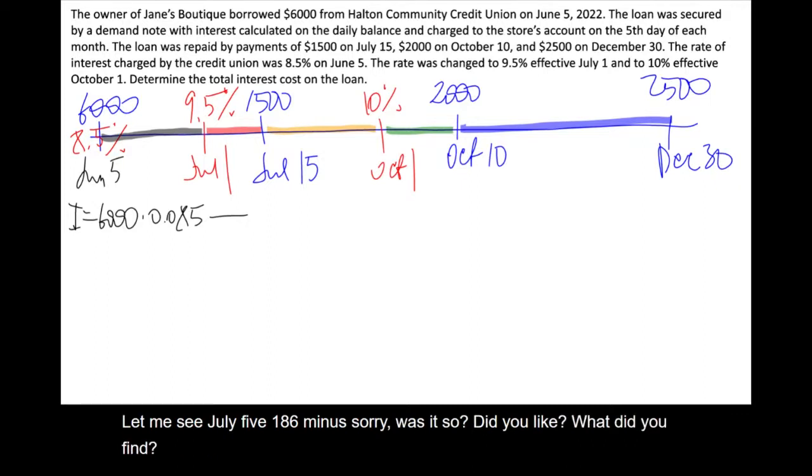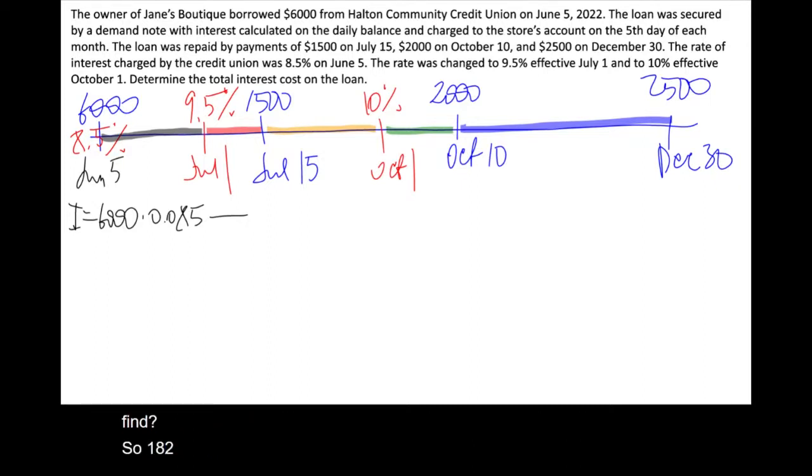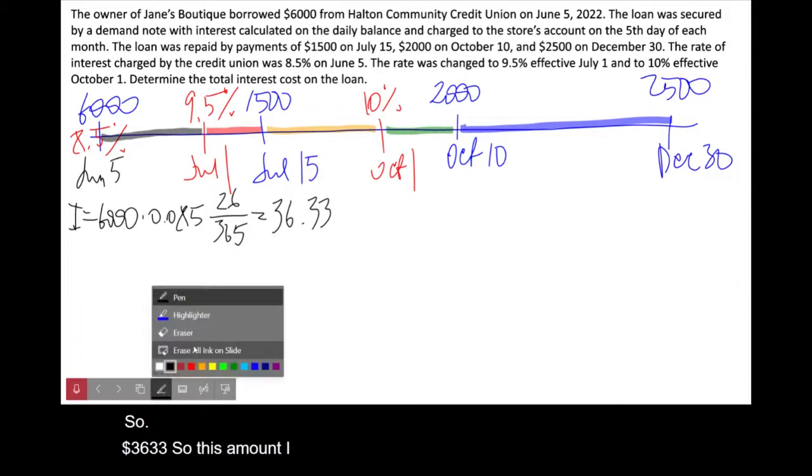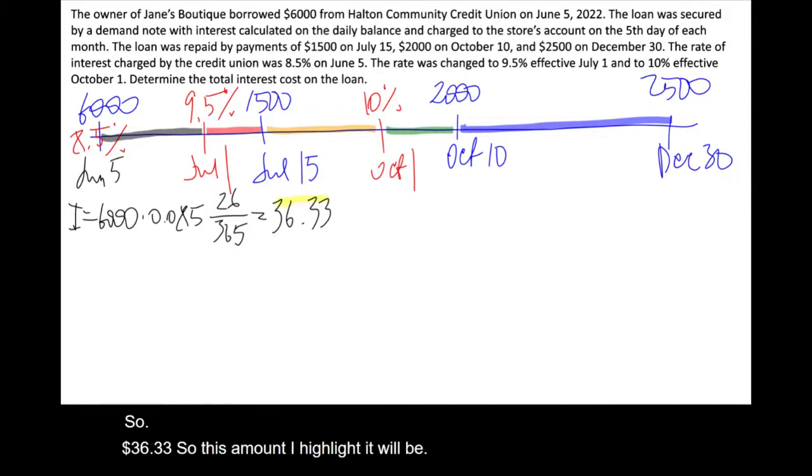July 1 is day 182, June 5 is day 156. So 182 minus 156, I have 26 days. So $36.33. This amount I highlight, it will be part of the interest I'm looking for.